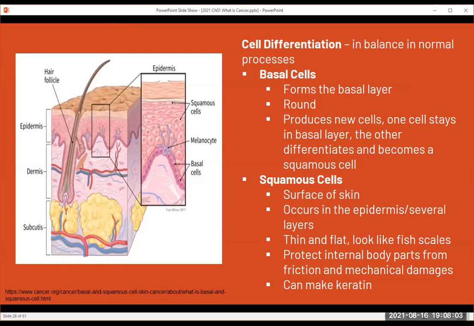Some of these cells might be keratin, right? And when these cells are up at the top layer, you can see that they can die, and then they make that top layer and slough off, right? But you can see how they're going to be constantly replenished from the basal cells underneath.